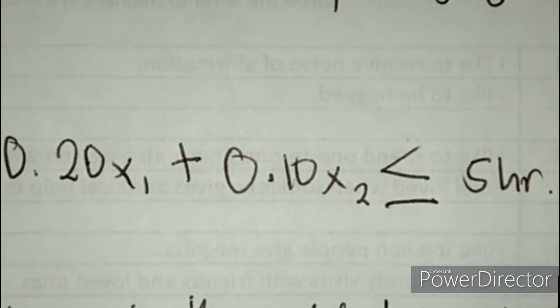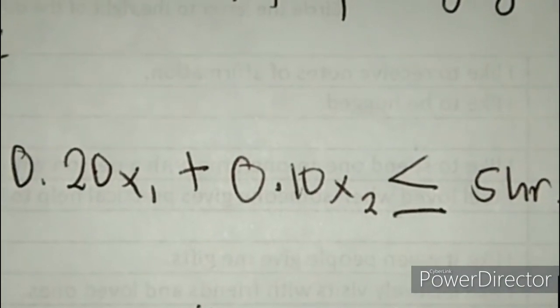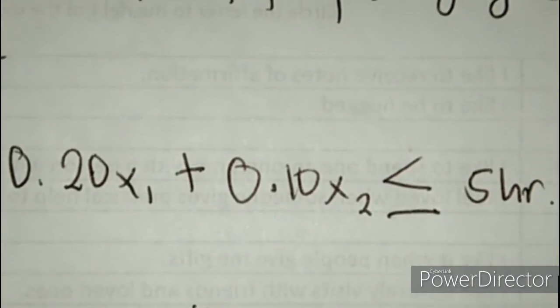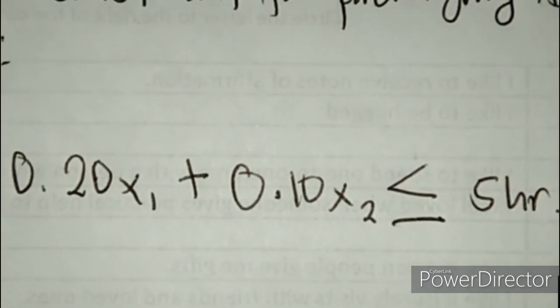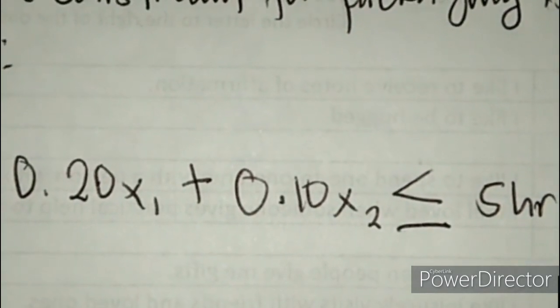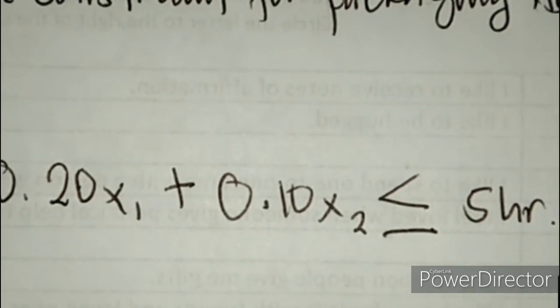For example, suppose the Beaver Creek Pottery Company adds a third constraint for packaging. The third constraint would be as follows: 0.20 x sub 1 plus 0.10 x sub 2 is less than or equal to 5 hours.